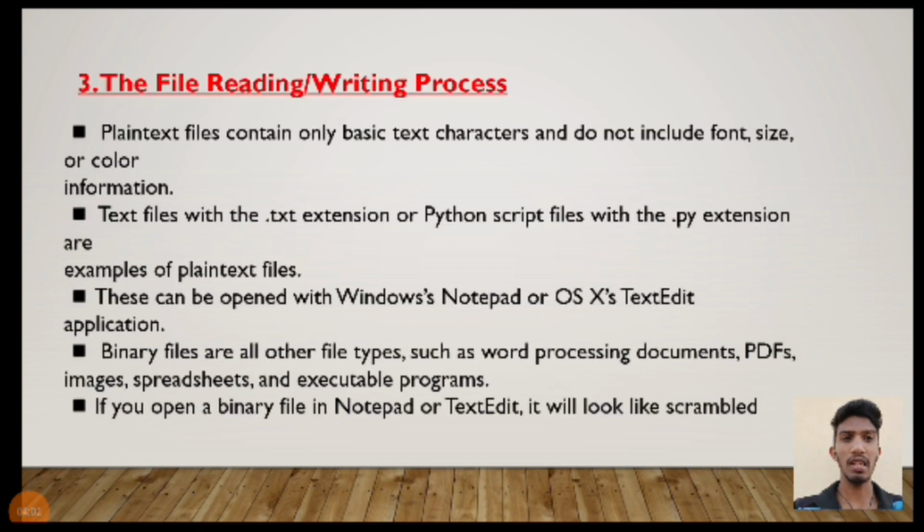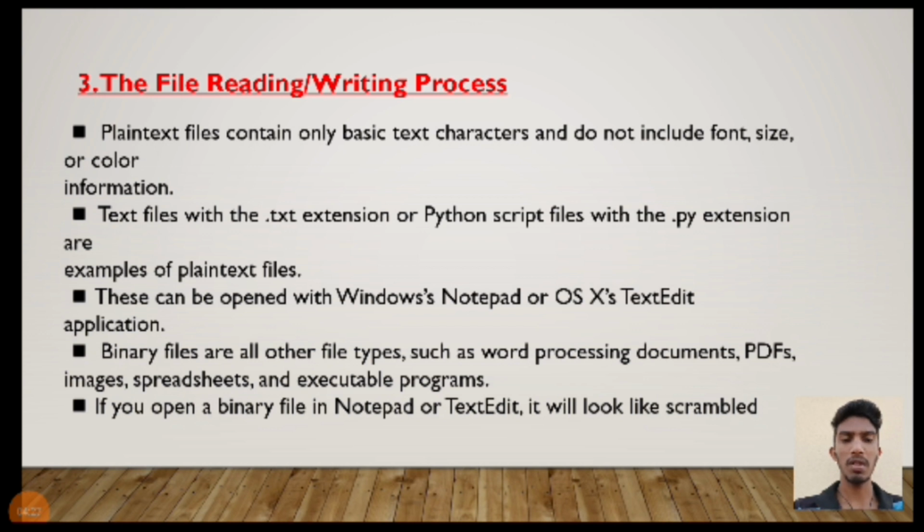The file reading and writing process. Plain text files contain only basic text characters and do not include font, size, or color information. Text files with the .txt extension or Python script files with the .py extension are examples of plain text files.